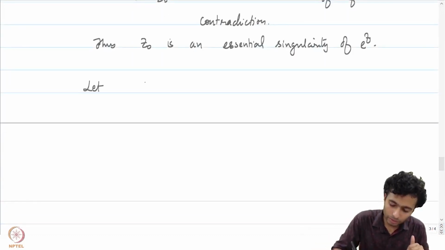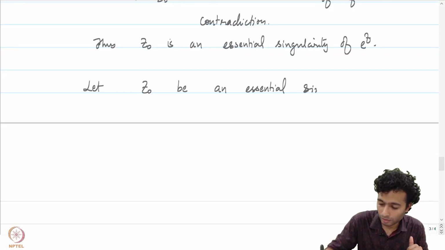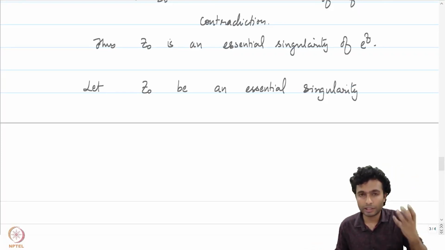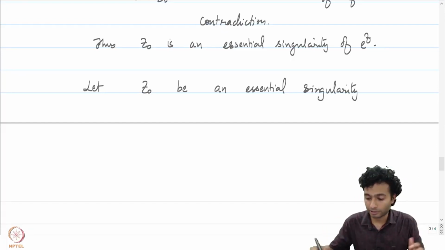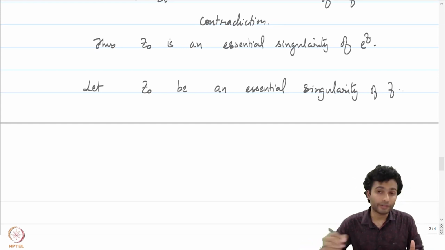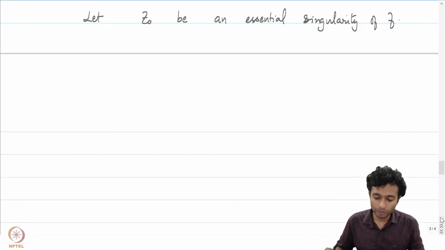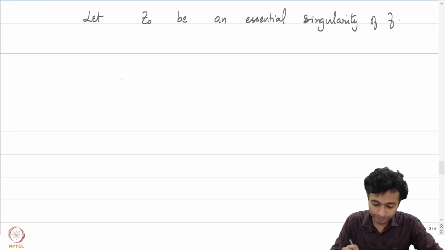So let z0 now be an essential singularity. And in this case, we are going to use the Casorati-Weierstrass theorem to establish that z0 is going to be an essential singularity of e to the power f as well. The key thing to note is that exponential is a map from the complex plane to C minus 0, and it's a continuous function.